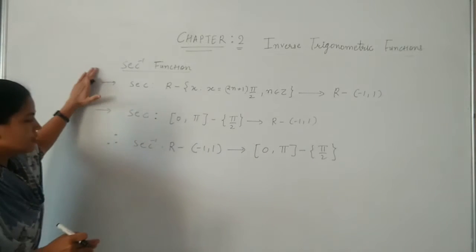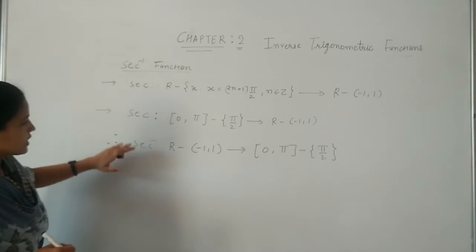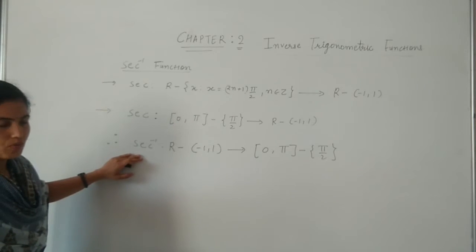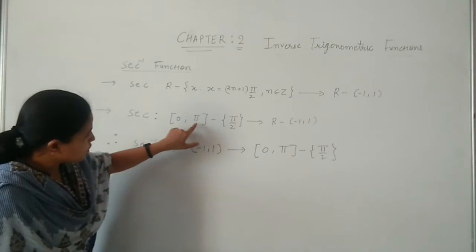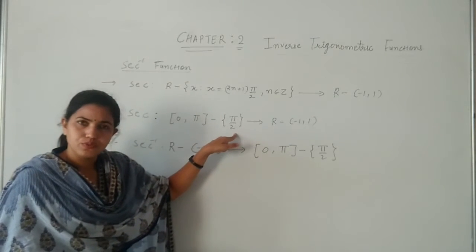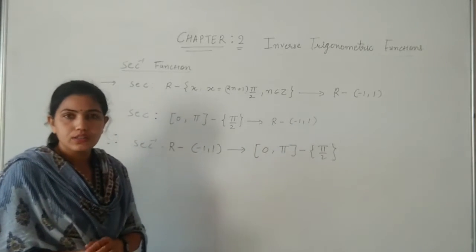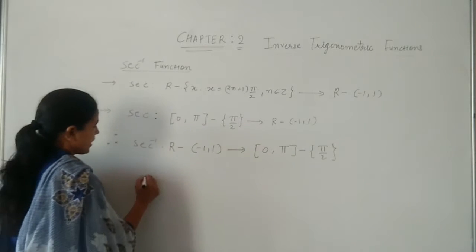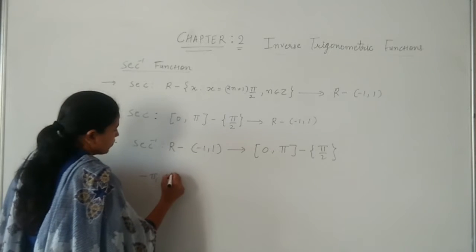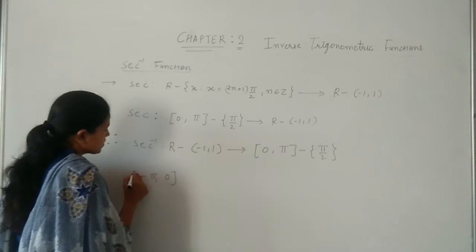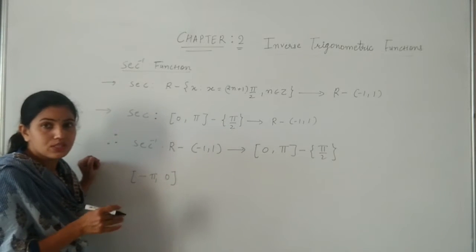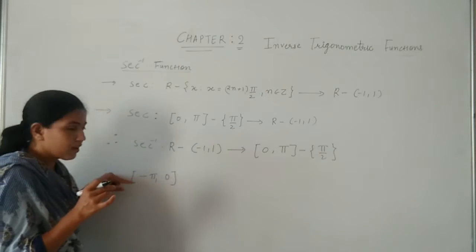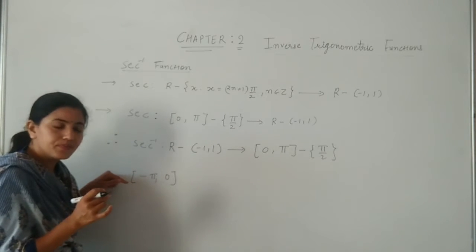So this is the definition of sec inverse. Here we have restricted the domain to 0 to π minus {π/2}. We can take another interval also, like -π to 0. If we consider -π to 0, then you can find out at which angle the sec function is not defined.